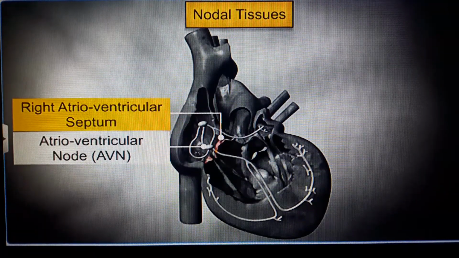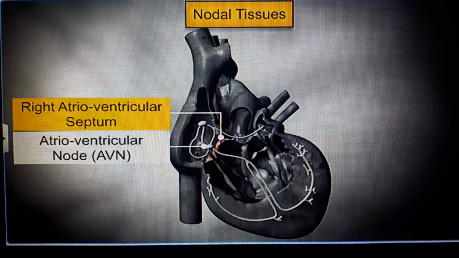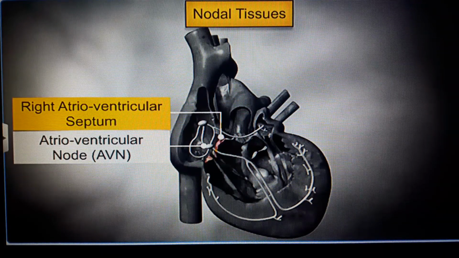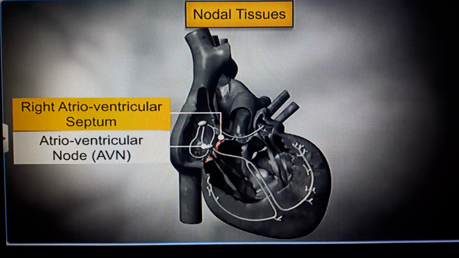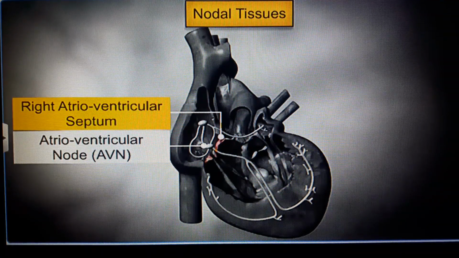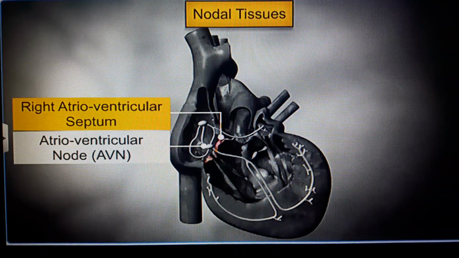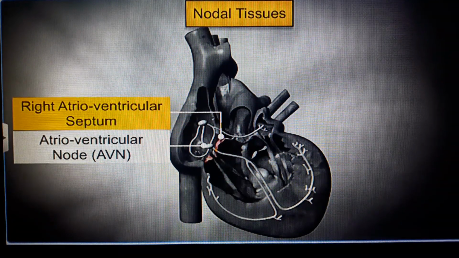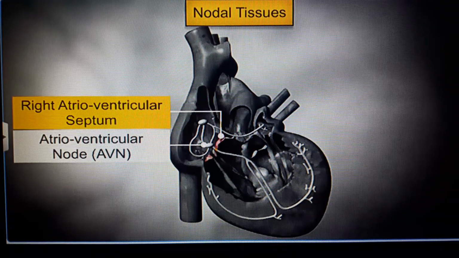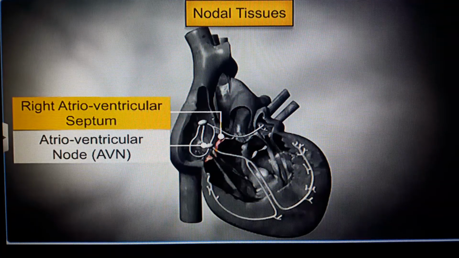The second nodal tissue is the AVN, atrioventricular node. The wave of excitation is now picked up by this group of specialized muscle fibers called the atrioventricular node, present close to the interatrial septum near the right AV aperture.